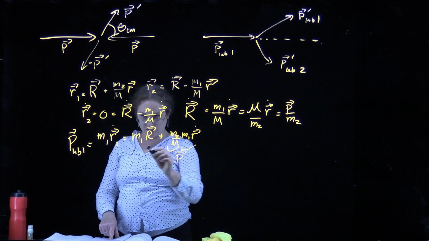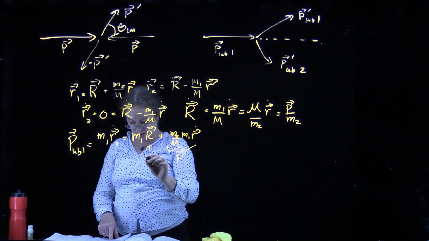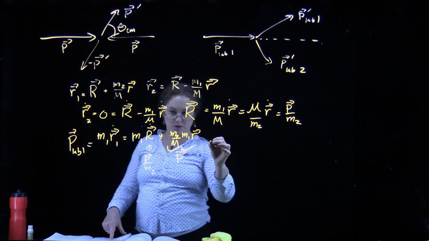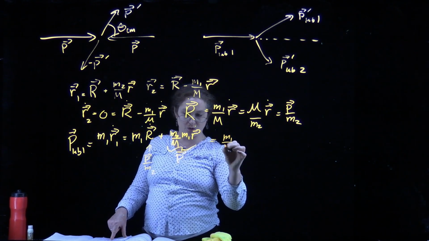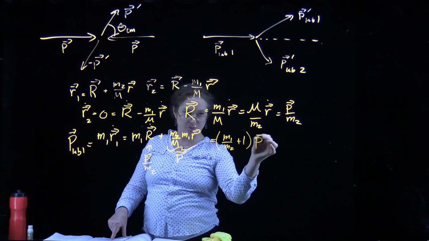And this r dot is p over m2. So this is m1 over m2 plus 1 times p.